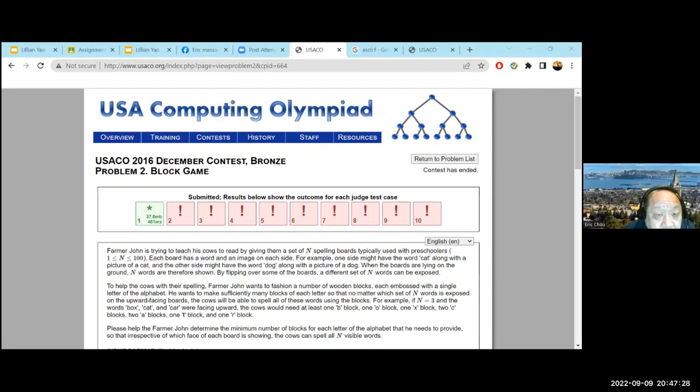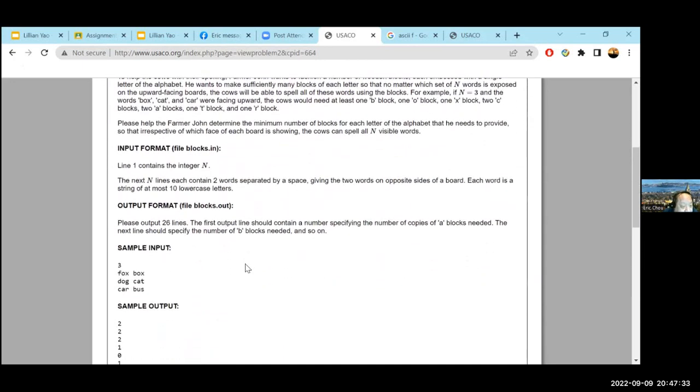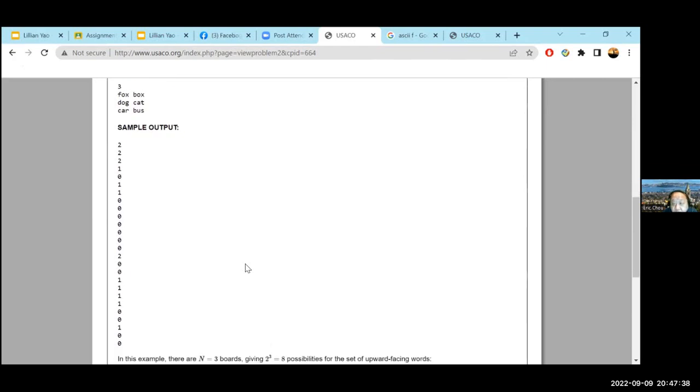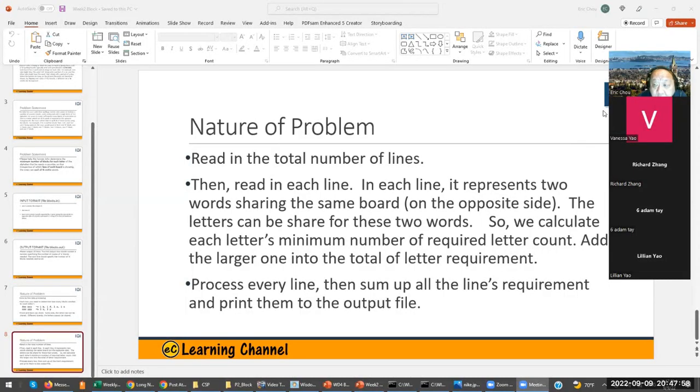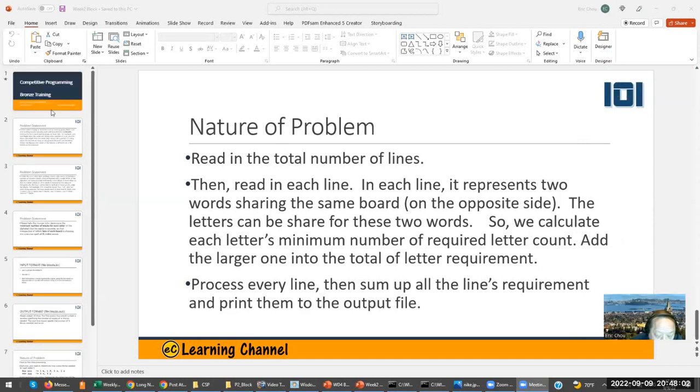Okay, can you pull down a little bit more? Okay, let's look at the problem. So you have files and the box. So this is the problem. Let's actually discuss this one.